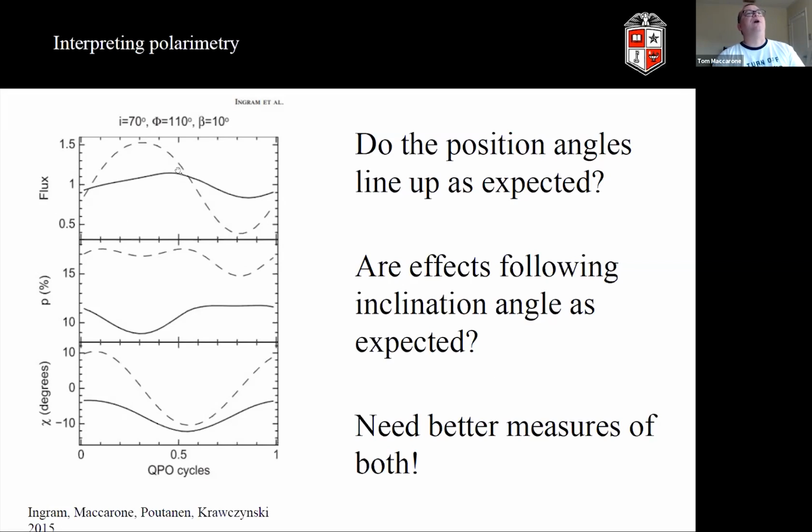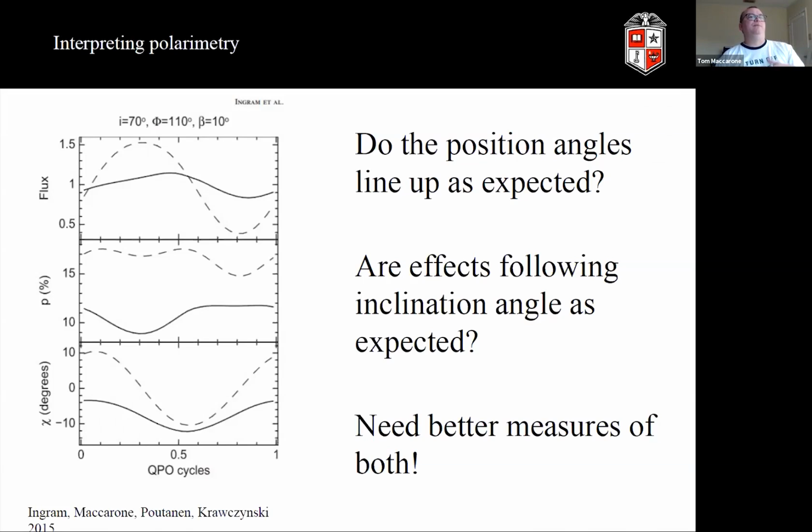And so you can see the X-ray fluxes will change, the position angle of the polarization will change, and the amplitude of the polarization will change. And how they change depends on what models you use, right? And this is probably only going to happen if you have some kind of geometric model like a precession to explain the QPO. In the context of some other models, you might not see these kinds of polarization changes.